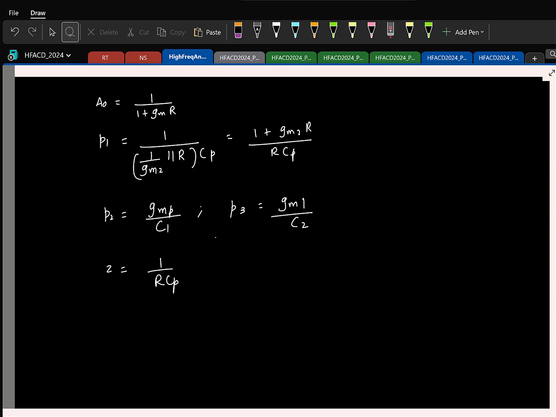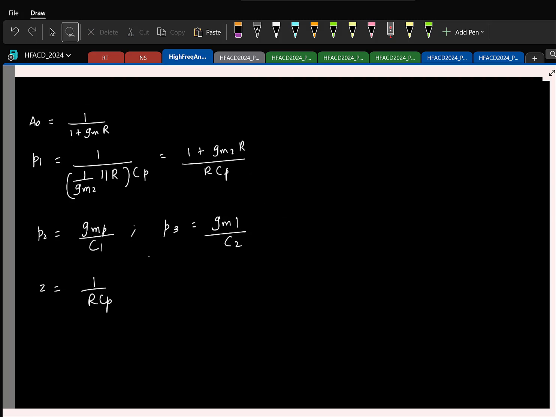Let's quickly check how the loop gain's magnitude plot looks, omega versus magnitude. At DC it is something very small, so let's say somewhere below 0 dB, though it's not very clear. Which of them will come first?